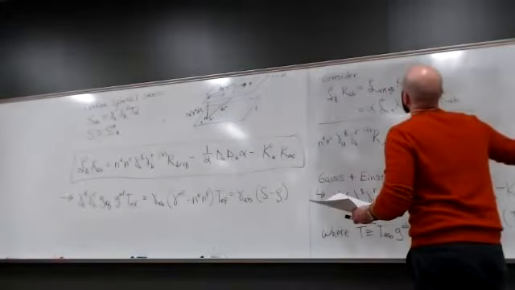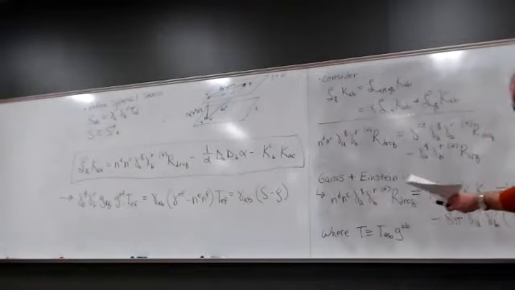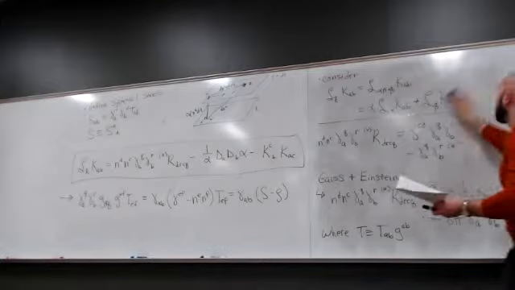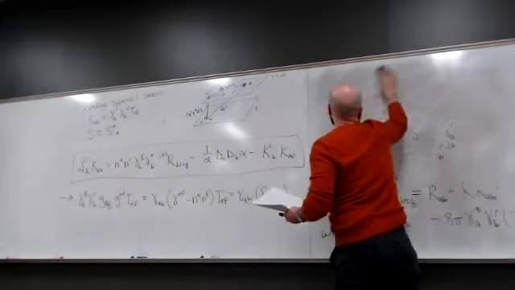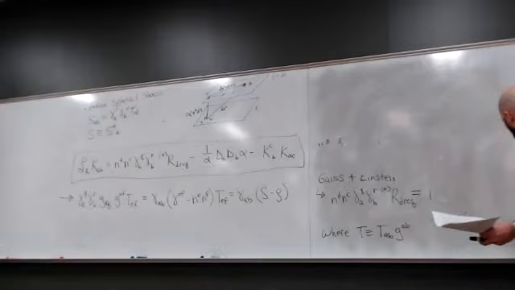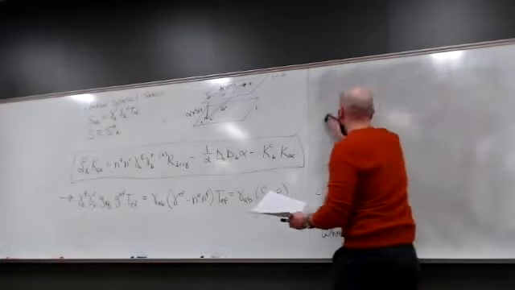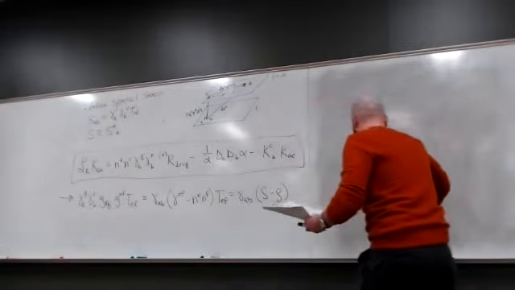So now, I think we're good with all this. Let's write our Lie derivative again.